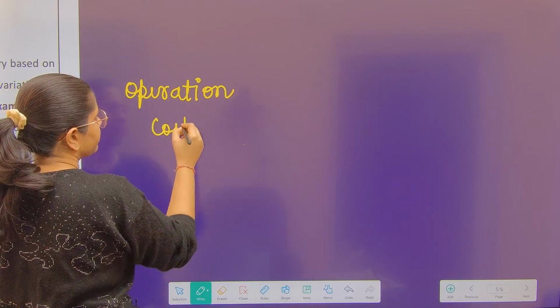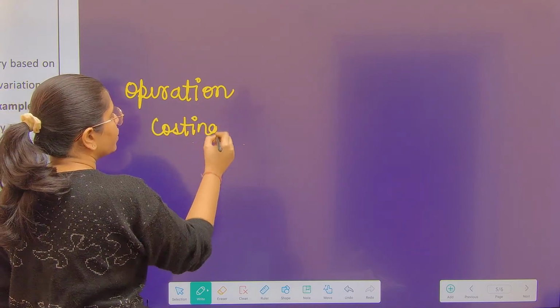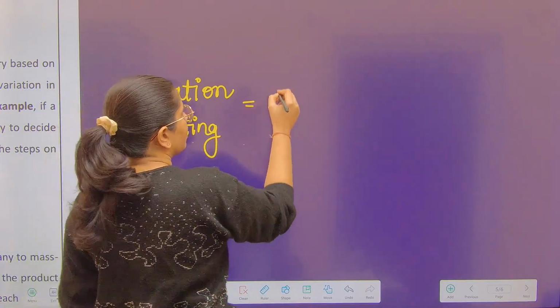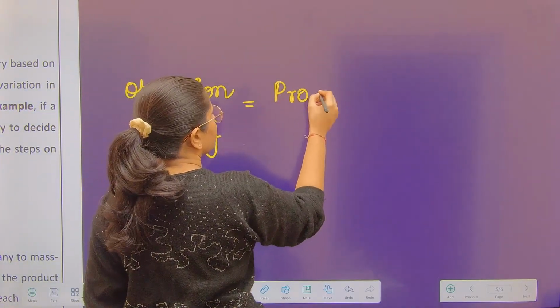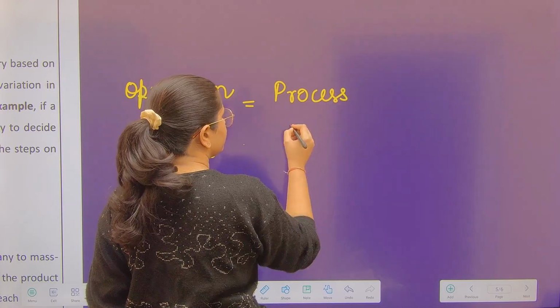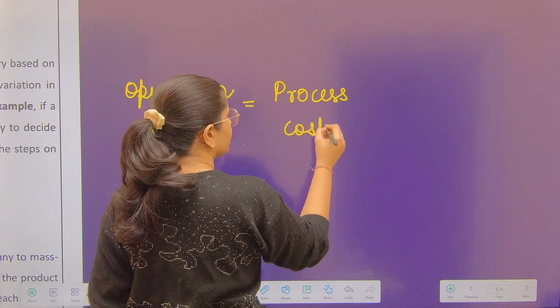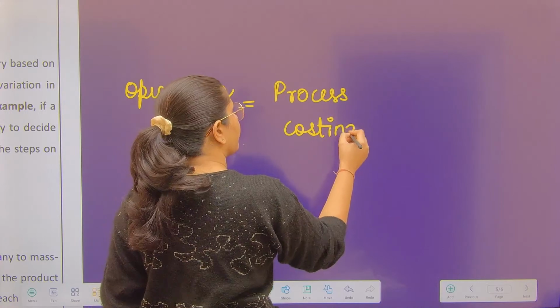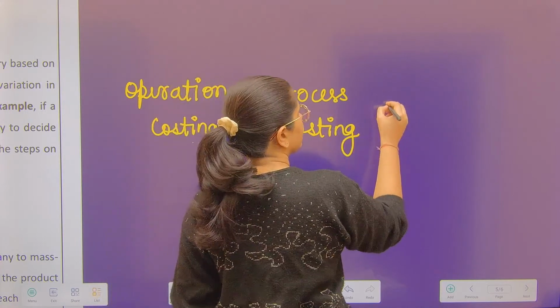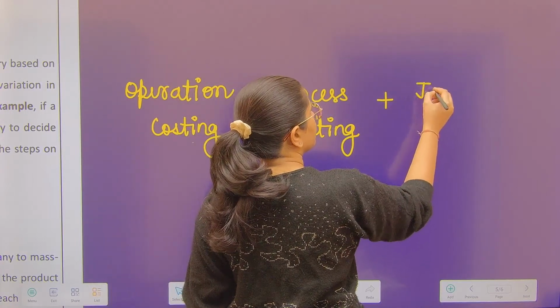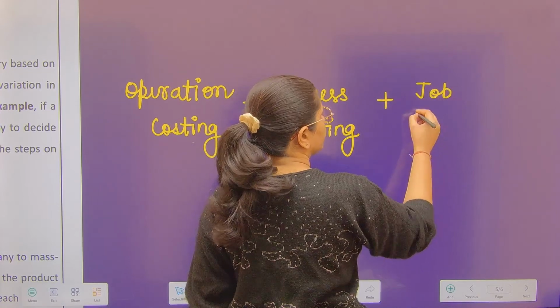is the sum total of your process costing plus job costing.